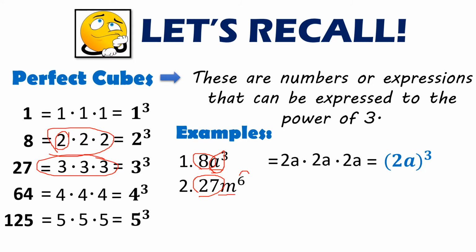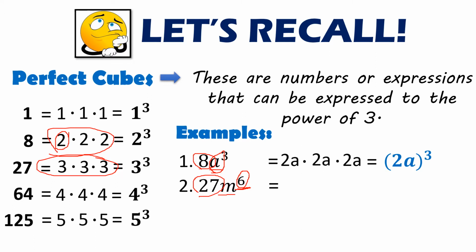M is raised to the exponent 6. Since 6 is divisible by 3, then it is a perfect cube. So remember, if the exponent is divisible by 3, then it is a perfect cube.